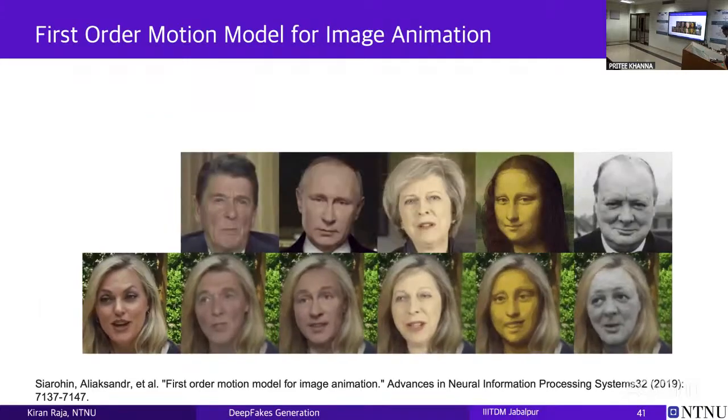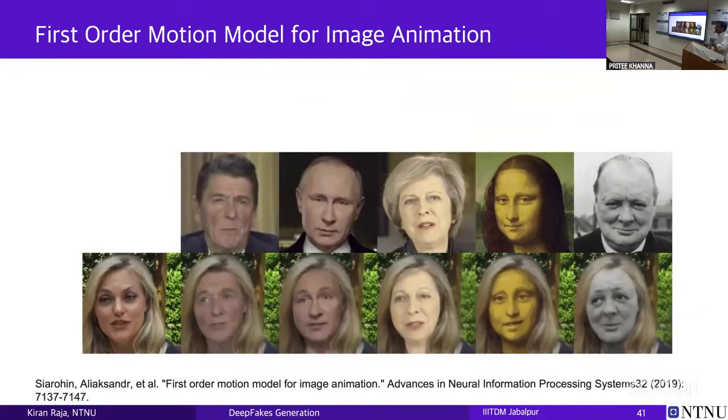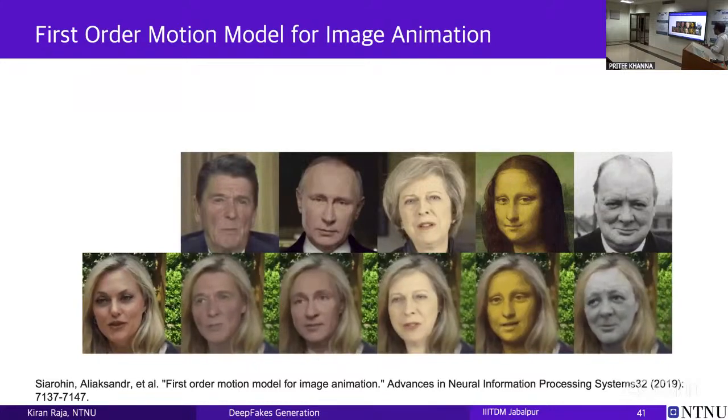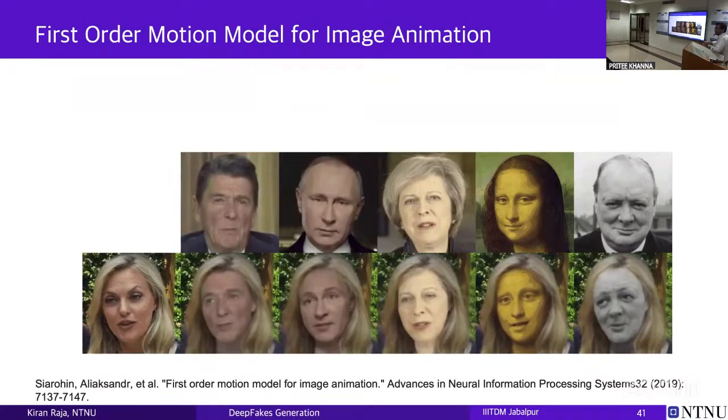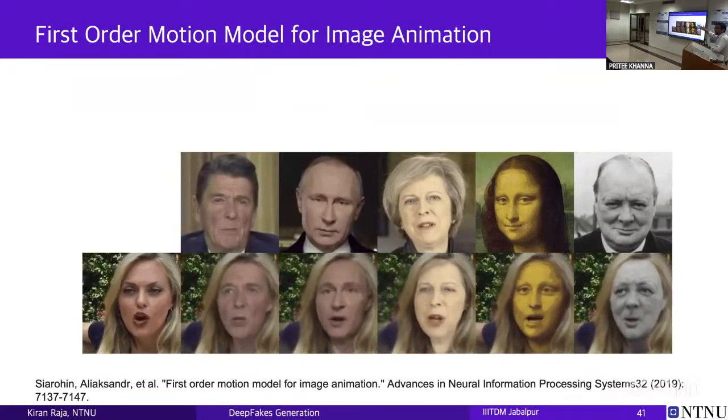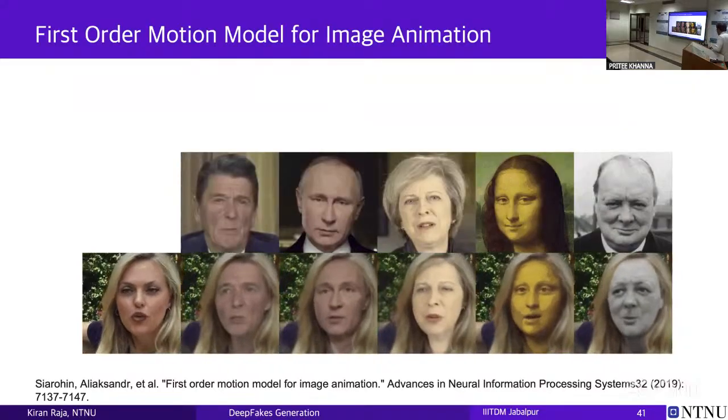And if you look at the images generated in a constrained condition, without any extensive training, you can bring any of these static face images to motion. You can make them alive, right? There is a very famous picture of the Mona Lisa in the second to last column. So suddenly you can make photos come alive, which is again a synthetic deepfake.